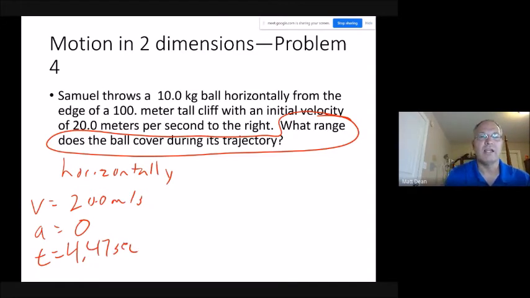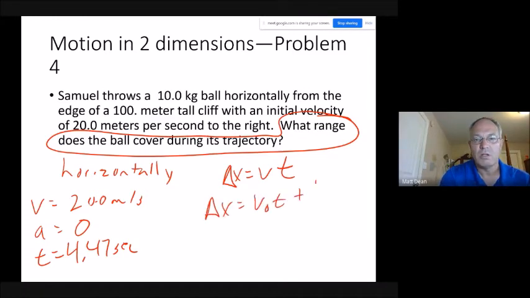When you're calculating a horizontal range in a projectile problem, here's what you're going to use. Delta x equals vt, which is really just this equation, because remember, acceleration is 0 horizontally, so that goes away.